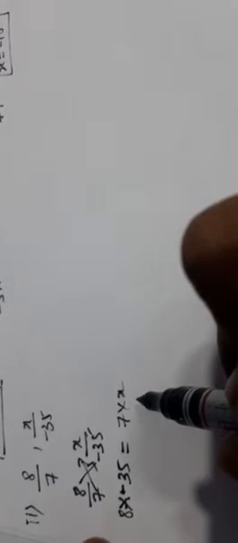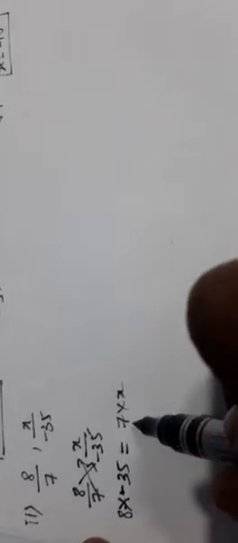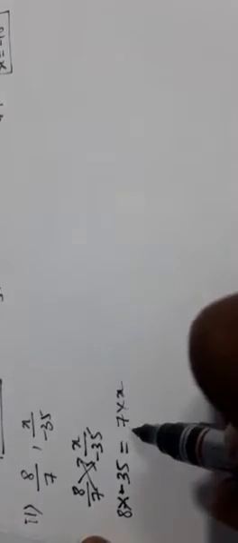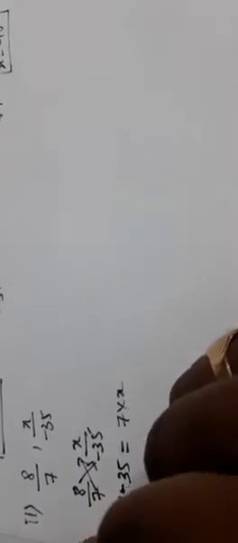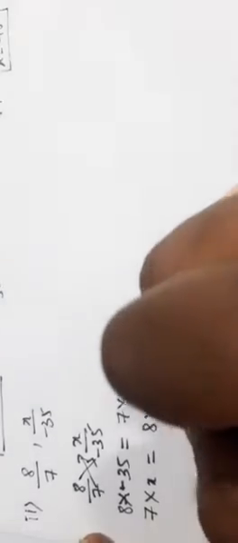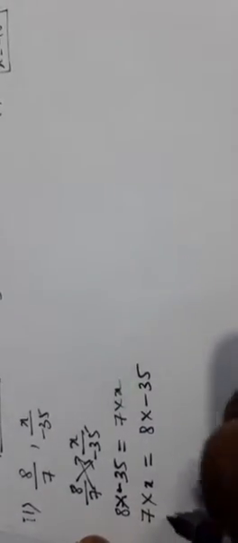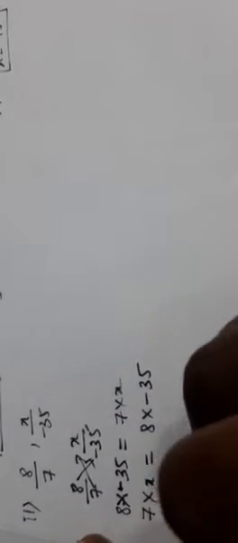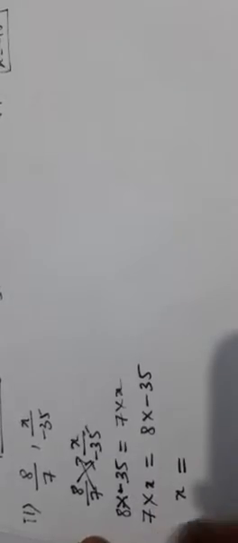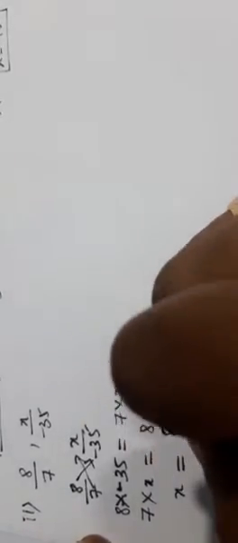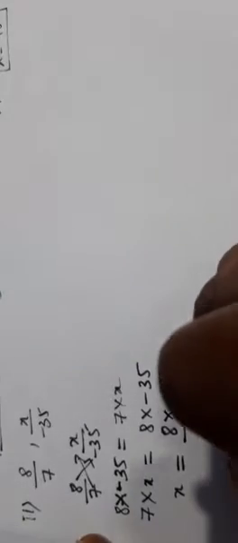Again here x is in the right hand side. So let us take the whole term which is 7 into x in the left hand side and 8 into minus 35 in the right hand side. Now let us keep x in the same side, x into 7. When I take it to the right hand side, it will become divided by 7.